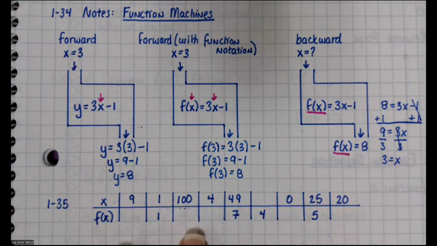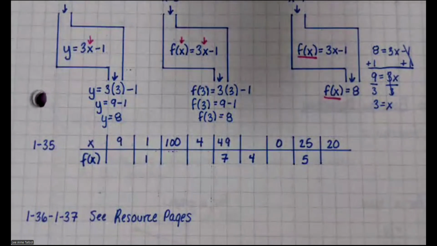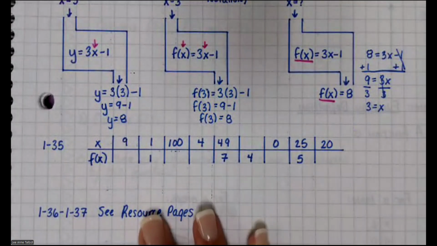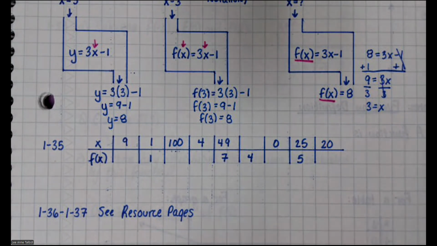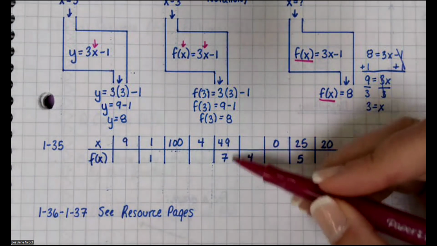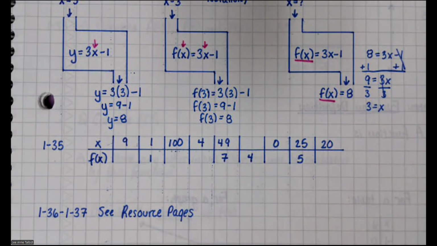Number 35 is this table. Does anybody know what's happening in this table? Can anyone tell me what's going on? The biggest clue is this right here, I think, 49 and 7.